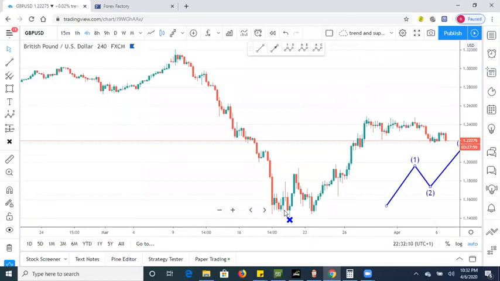So I would prefer you look for an uptrend or a downtrend in the higher time frames. Look for your trend in the higher time frame, then go down to the lower time frame to look for reasons to trade in line with the trend.